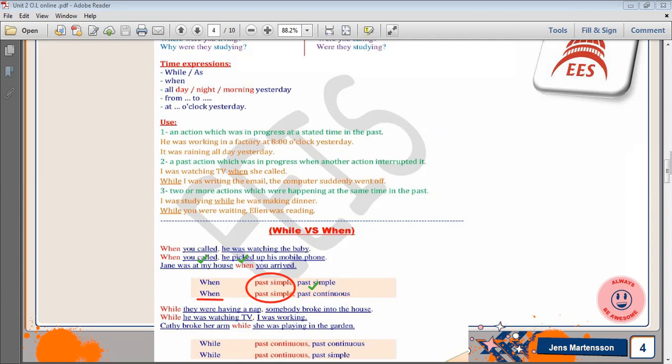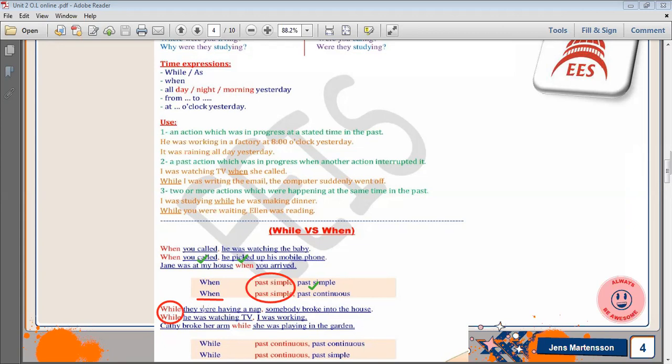Okay. Now let's talk about while. After while, we use past continuous. We put the long action after while, the past continuous tense after while. While they were having a nap, somebody broke into the house.